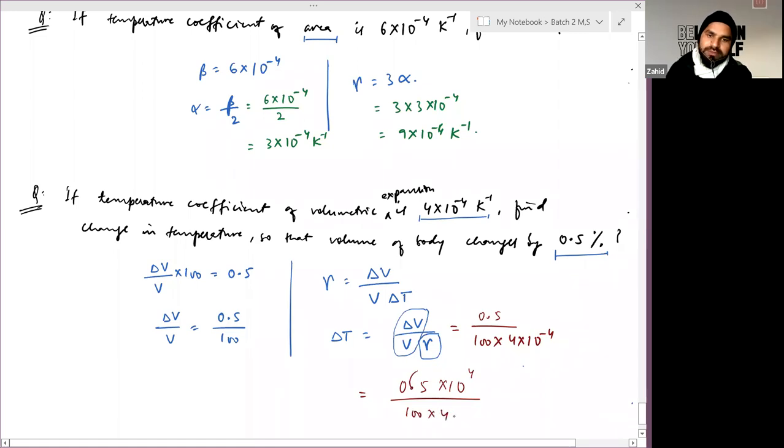Now move this decimal, so you'll get 10. Now divide it, 5 divided by 4 will be 1.25, into 10 to the power 4 divided by 10 to the power 3. So you'll get 10 to the power 1. So on solving, you will get 12.5 degrees Celsius.